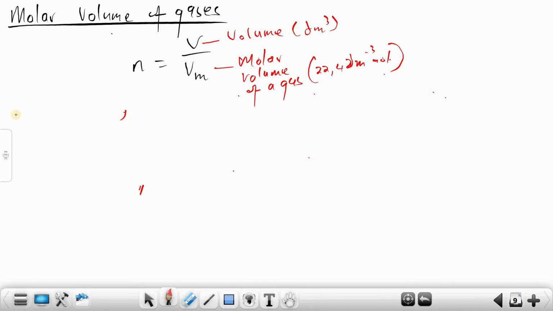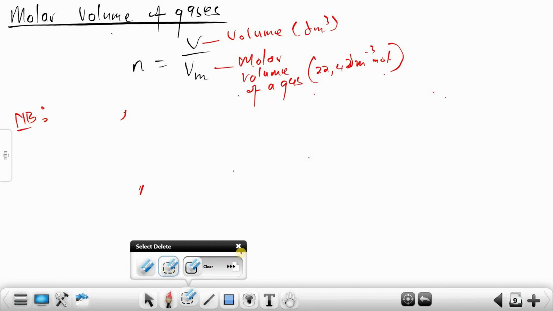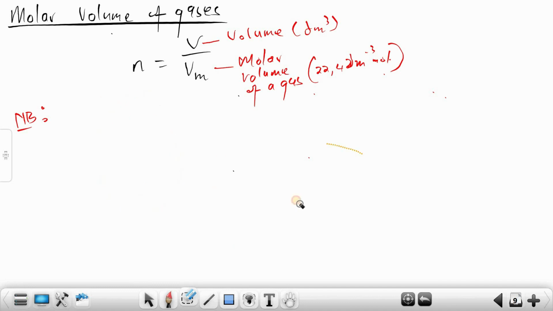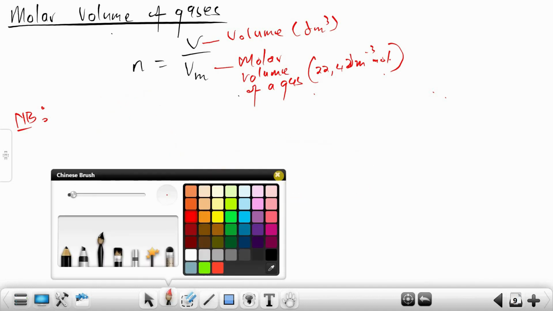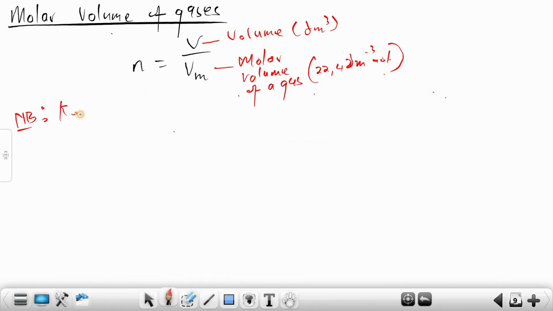The biggest hint is, NB, some information must be given. And what is that information? We are looking for a keyword: at STP. This is the keyword we are looking for.